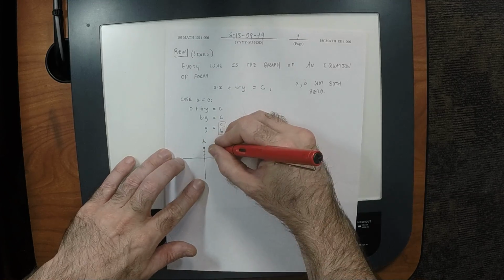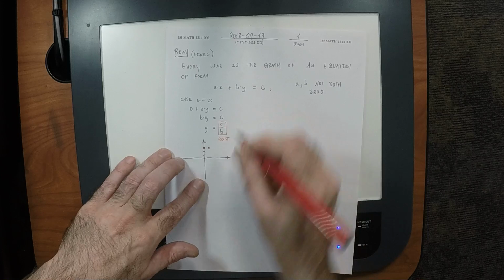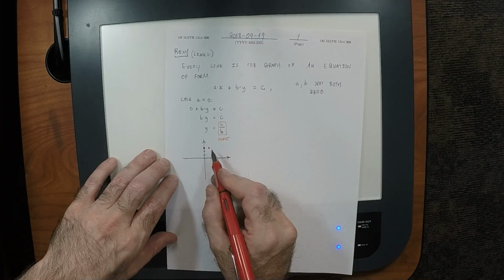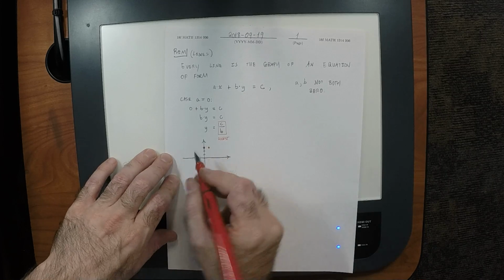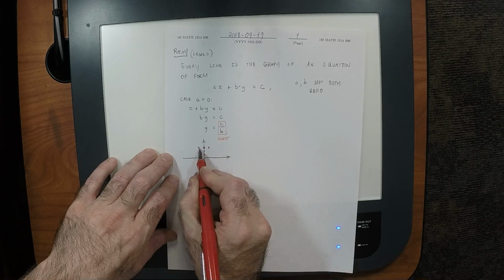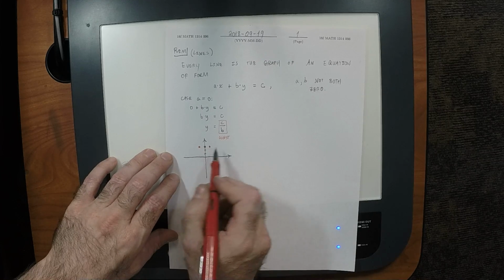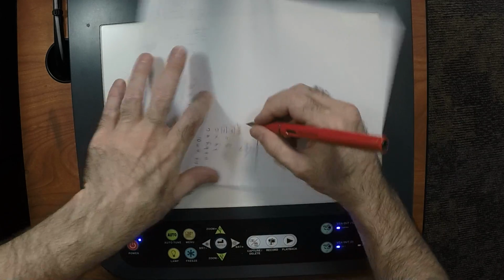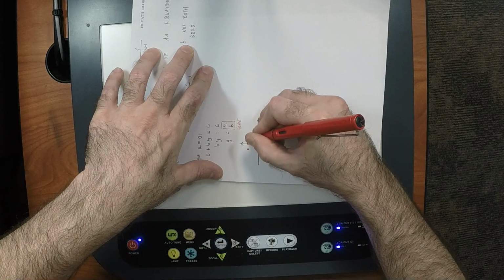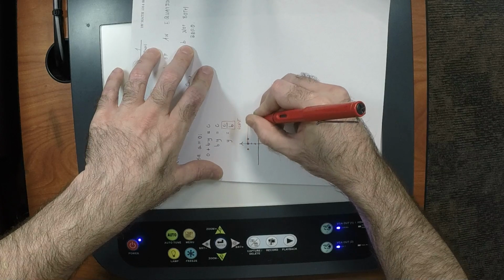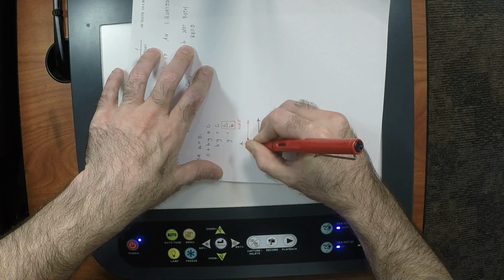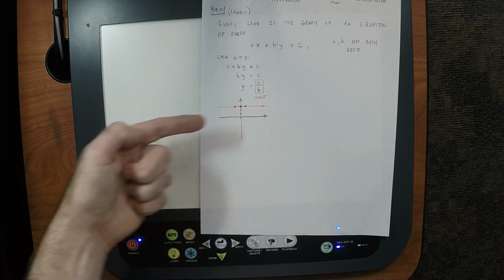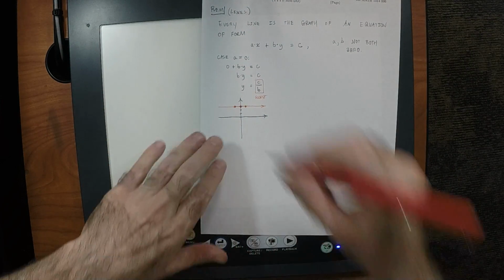If I move over a little bit, this point right here also has y value 3. Maybe x is 1, so maybe that's the point 1, 3. And if I move to the left a little bit, this might be the point -1, 3. All of those points have the same height. So the line y equal constant, if that constant happened to be 3, would be this one. That's all the points at that particular height.